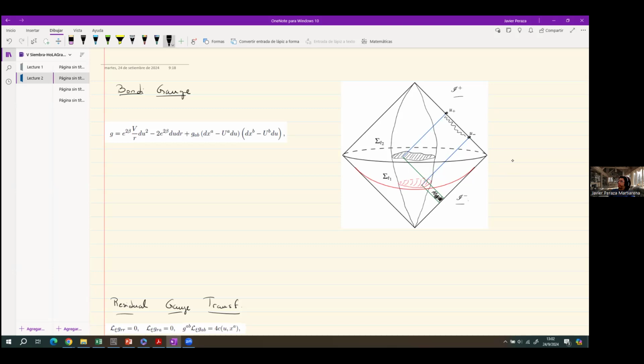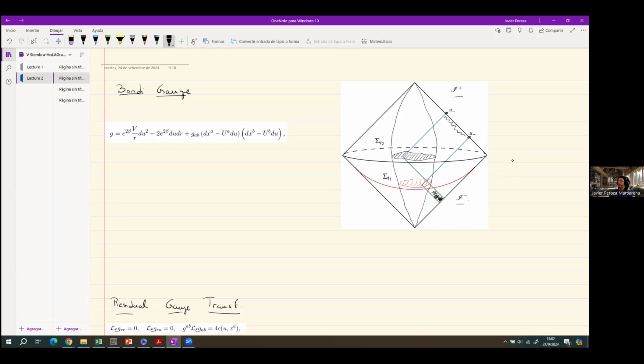The way Bondi gauge works is that one can first define the null coordinate u. One can assume that we have a foliation in terms of u for the space-time. Then we define the radial coordinate, which is usually called the luminosity coordinate.